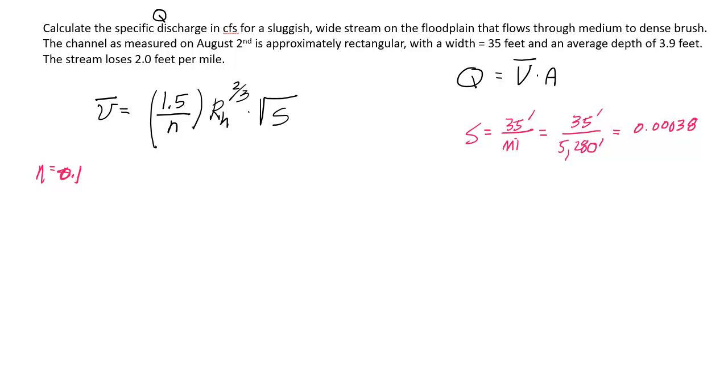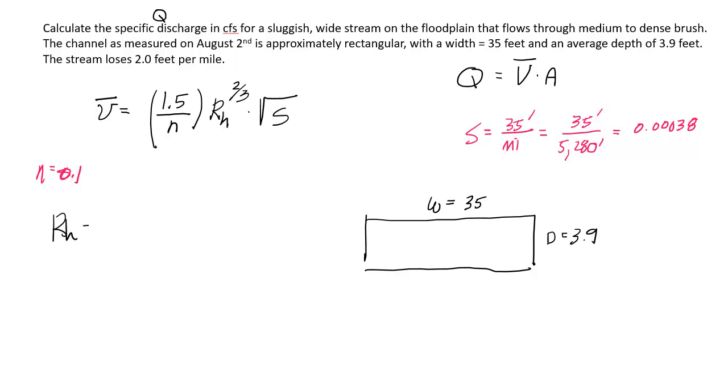All right, so that leaves us with the hydraulic radius. Fortunately, in this case it's really easy because our channel is approximately rectangular. It has a width equal to 35 feet and a depth, this is obviously not to scale, of 3.9 feet. Remember, the hydraulic radius is the ratio of the area of the channel to the wetted perimeter of the channel. The wetted perimeter is the part in contact with solids, so it's this distance here.